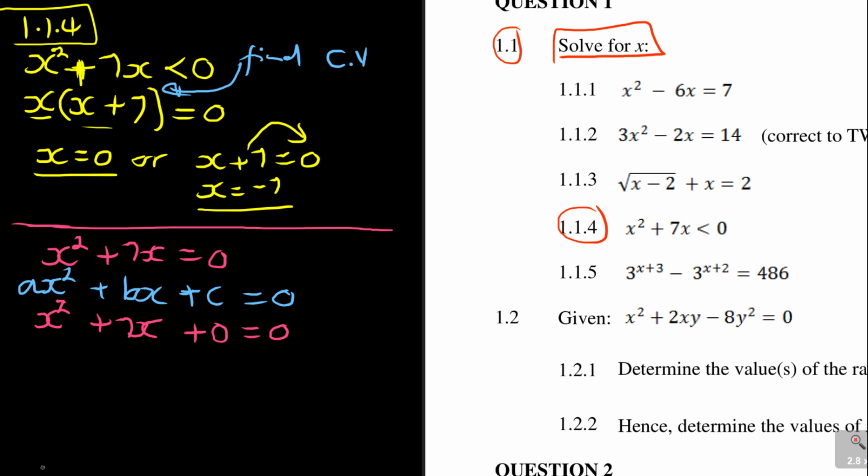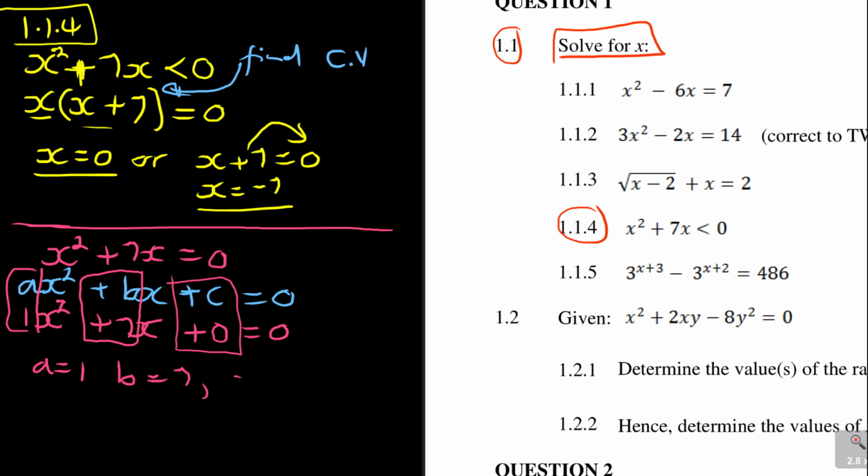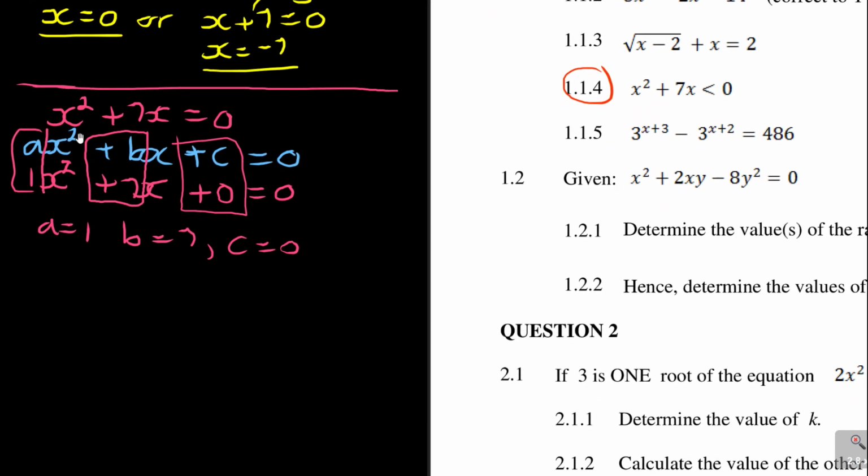Now if you look at it, my a, remember there is a default 1 there, my b with the sign, you see the 7, and my c, you see that. So your a is equal to 1, your b is equal to 7, your c is equal to 0.